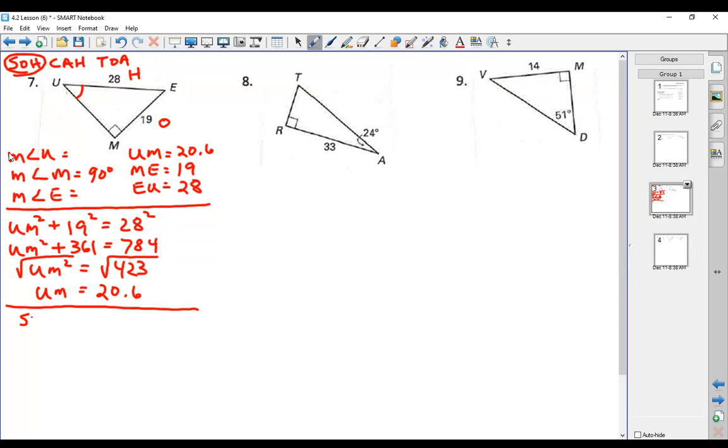So the sine of angle U is equal to the opposite, which is 19, over the hypotenuse, which is 28. And you want to do the inverse sine of both sides to get the U by itself. Remember, you probably have to put parentheses around the fraction there. And when you use a calculator to evaluate that, angle U comes out to be approximately 42.7 degrees.